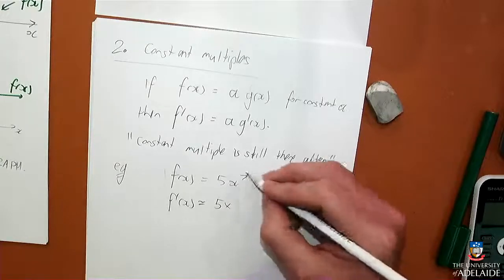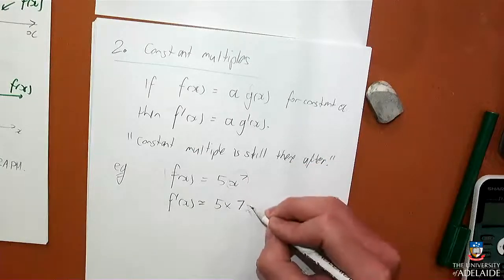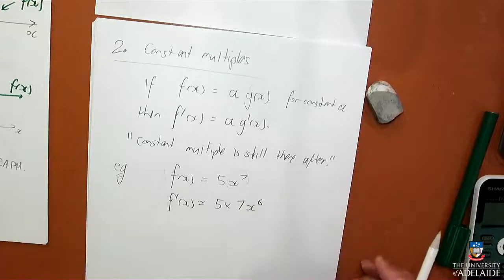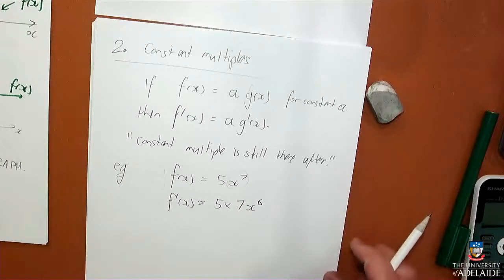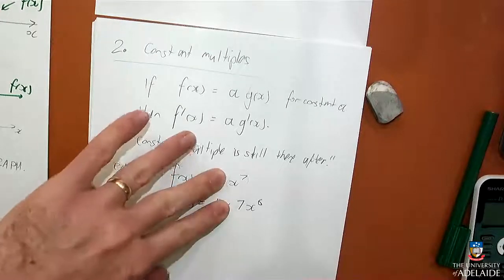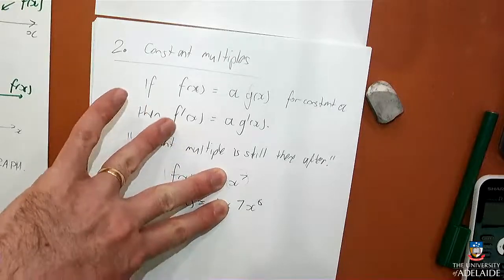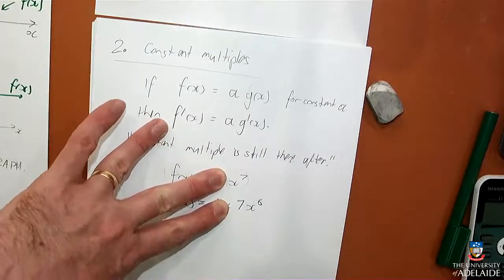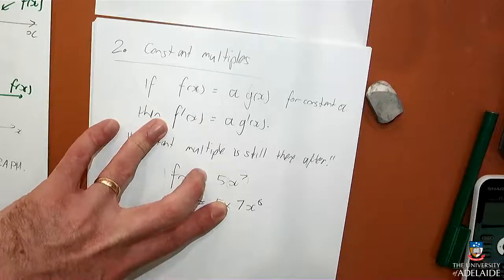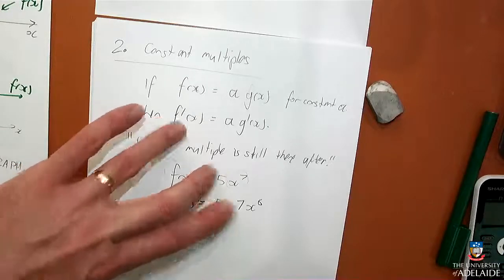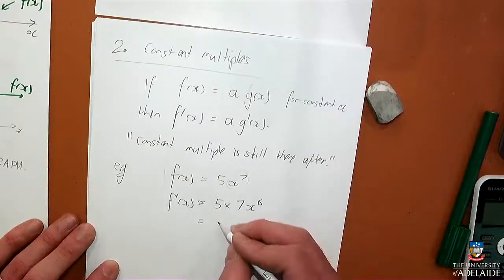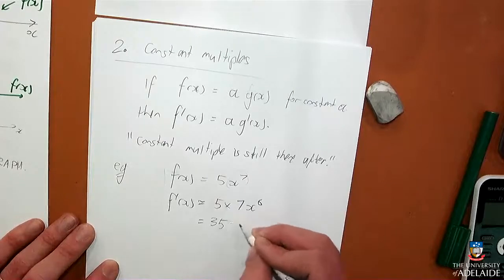And then I can just do the derivative of this bit, x to the 7, and the 7 will go down to 6. So without the 5, the derivative of x to the 7 would be 7x to the power of 6. With the 5 multiplied on before, still 5 multiplied on after. And so that will be 7 times 5, which is 35.